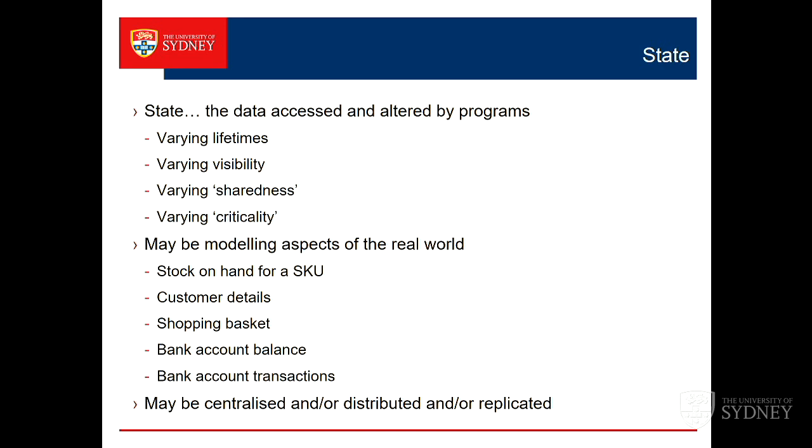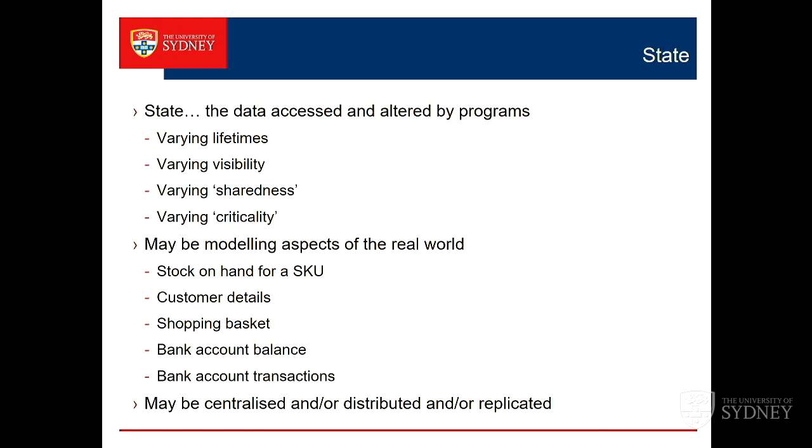Visibility is whether you can see it at all, and sharedness is whether it is shared between things. I'll give you concrete examples in a few minutes. And so the criticality is, do we really, really care about this piece of data, or do we not care about it very much?